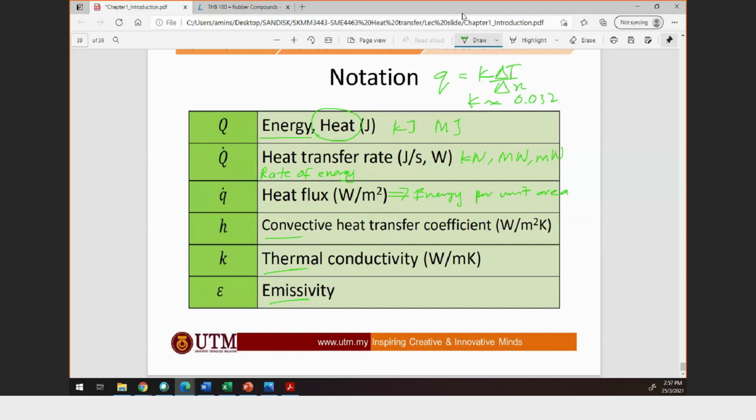Meaning the heat by conduction is very, very small compared to the heat by convection and radiation.